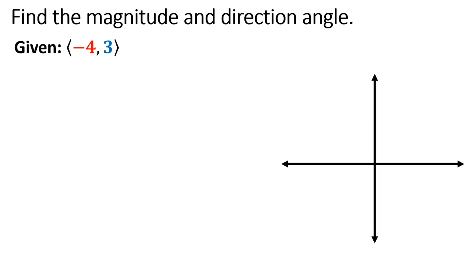We're going to look at a second example of finding magnitude and direction. It's going to be much the same as the last example, but at the very end, we have to think about it a little bit more to figure out the direction angle.